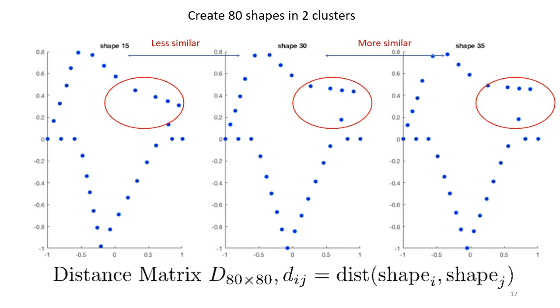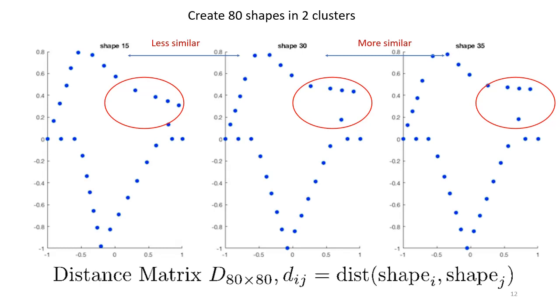But even within each cluster, there's still dissimilarity. Let me give you an example. Shapes 15, 30, and 35 are in the same cluster, so they are very similar. But still, you can see that 15 is less similar than 30 and 35. Shape 30 and shape 35 are more similar.